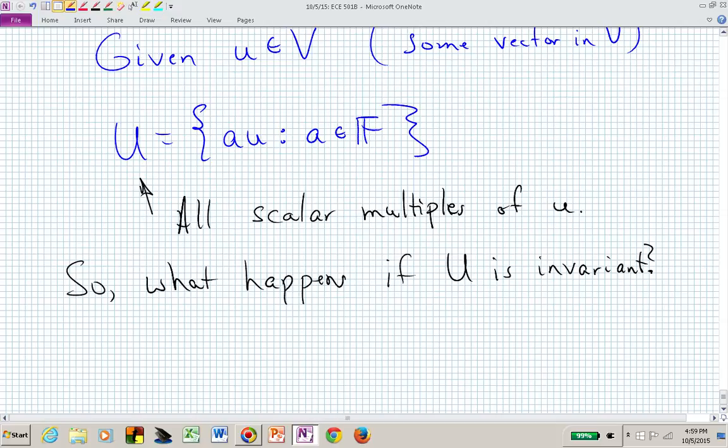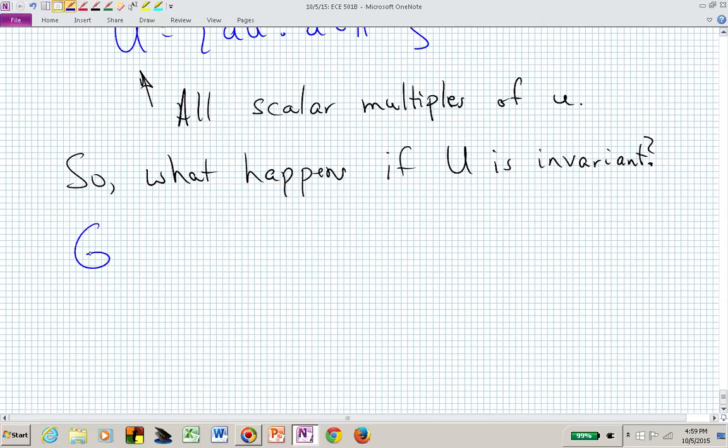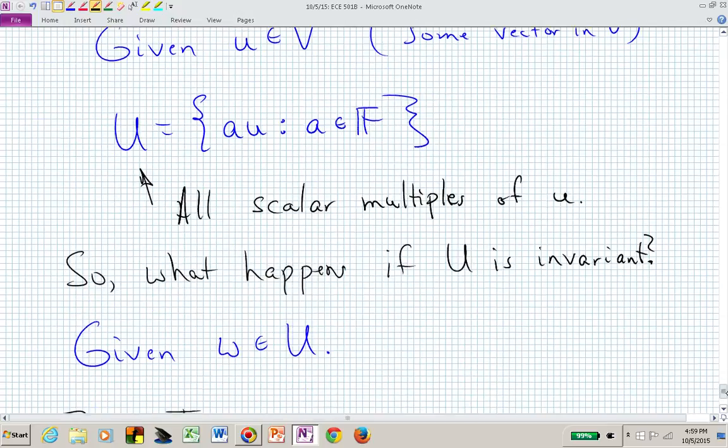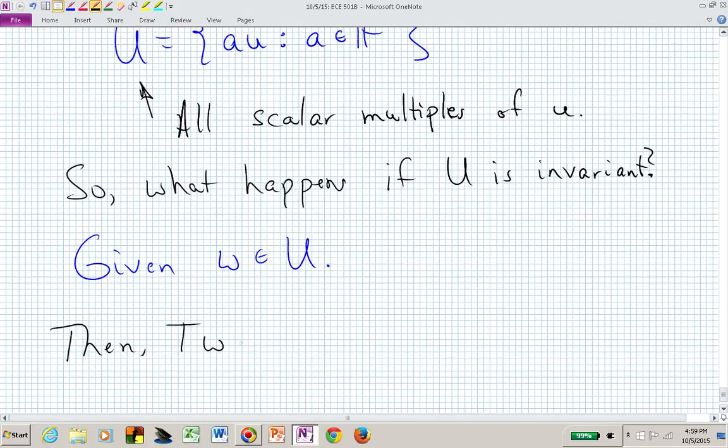So you could think of some line in a two-dimensional plane, and that's now our subspace U. Suppose we are now given a vector w that's in U. Now it lies on that line somewhere. If U is invariant under a map T, then Tw stays in U if w started in U.